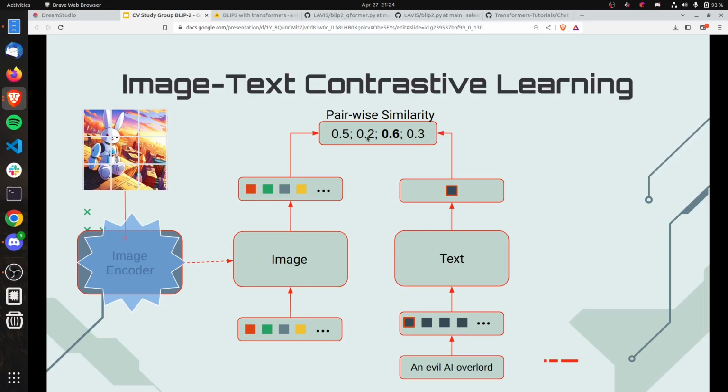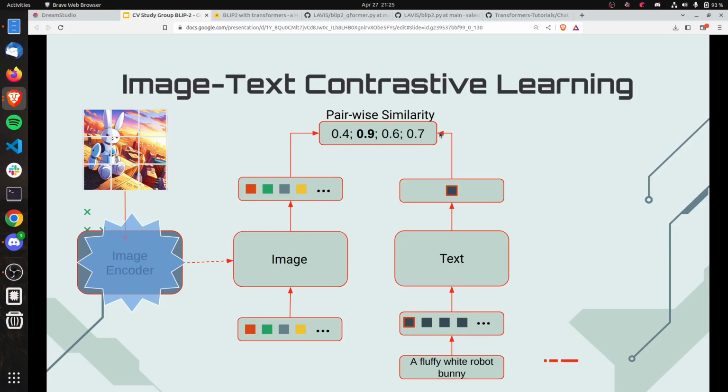Then you get the similarity. Okay, a high similarity score in this case would be 0.6. Then they say this image and this text have similarity score 0.6. If you put in another text, for example, a fluffy white robot bunny, we get other similarity scores. Here it's 0.9, so it's more similar. And then they just say, yeah, we train it so that it's as good as possible with the training data and everything.